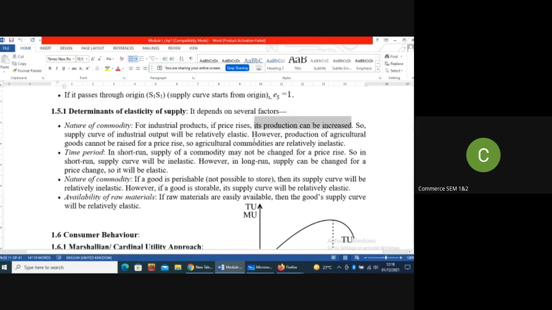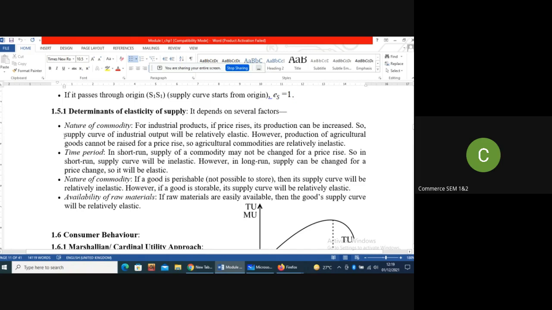It doesn't take much time. Say price of petrol is increasing, so the petroleum companies can increase the production of petrol overnight. If not overnight, they can increase the production of petrol or diesel within a week or 2 weeks or so, in very short time span.